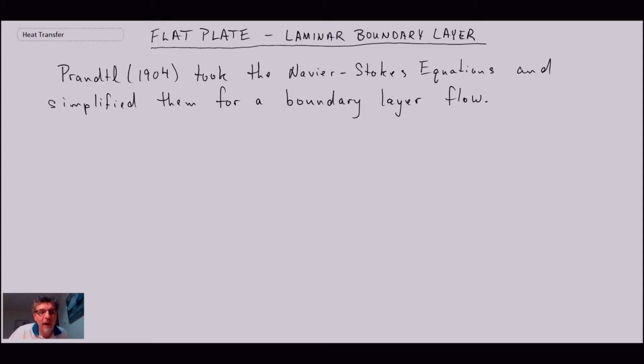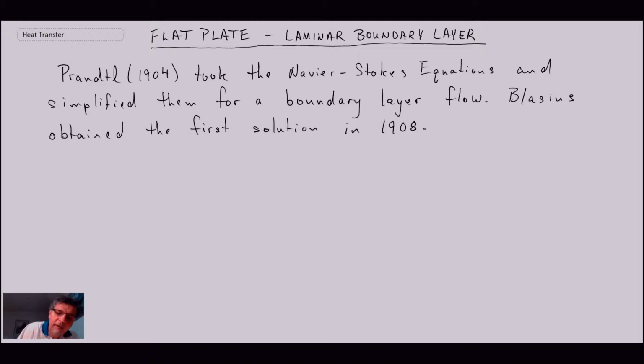And then one of Prandtl's students, Blasius, solved these equations through numerical hand calculation. And so the Blasius solution is what will become the basis of a lot of the results that we're going to be using when we look at the laminar boundary layer.